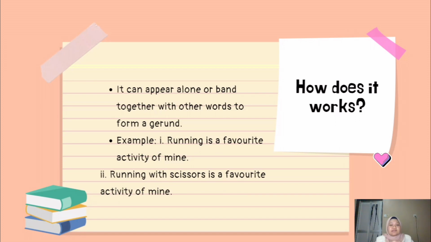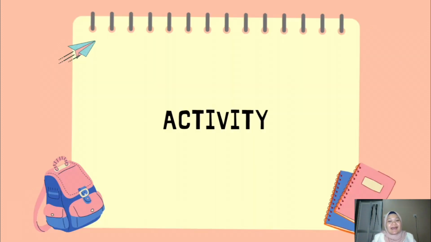Alright, so we have done the explanation section, on the types of infinitive, which are bare infinitive and to infinitive, and you have also heard the explanation on gerund. Alright class, now it's time for the activity.